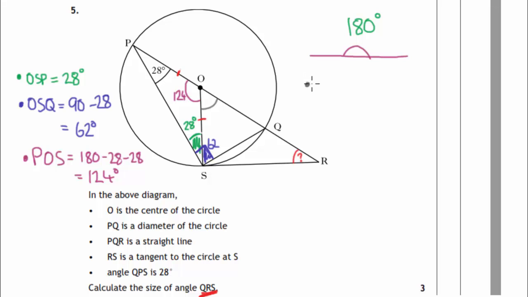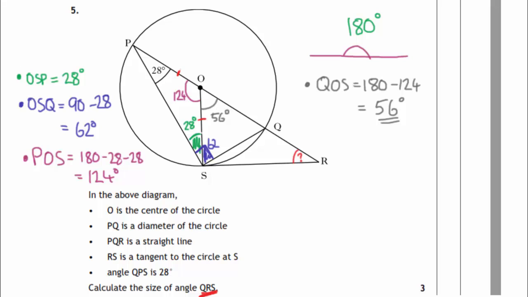So the angle QOS equals 180 minus 124, and that will equal 56 degrees. So we're nearly there, right? That is 56 degrees.